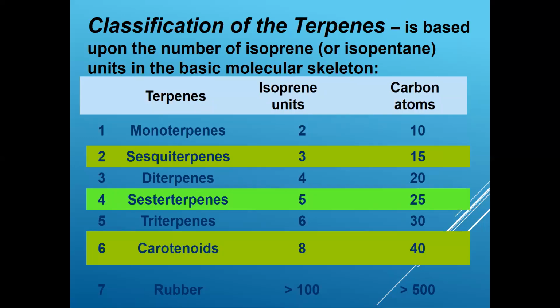Classification of the terpenes: monoterpenes, isoprene units 2; sesquiterpenes, isoprene units 3; diterpenes, isoprene units 4; sesterterpenes, isoprene units 5; triterpenes, isoprene units 6; carotenoids, isoprene units 8; rubber, more than 100.